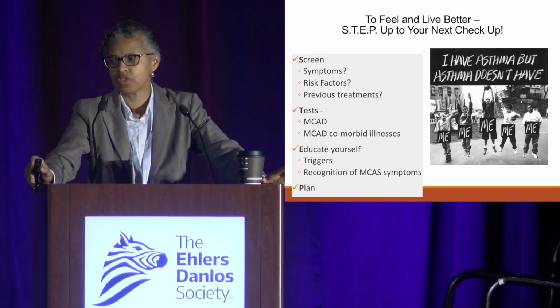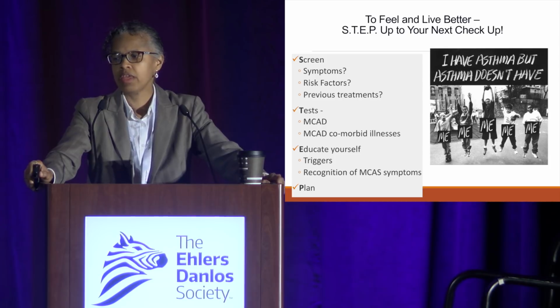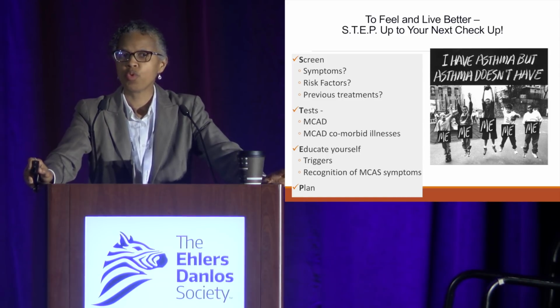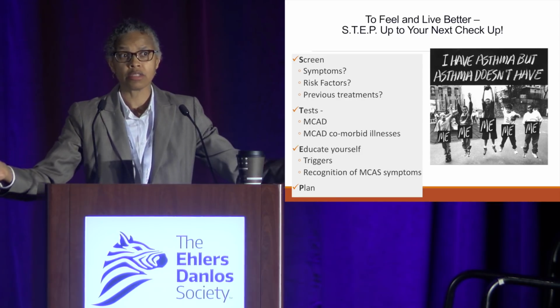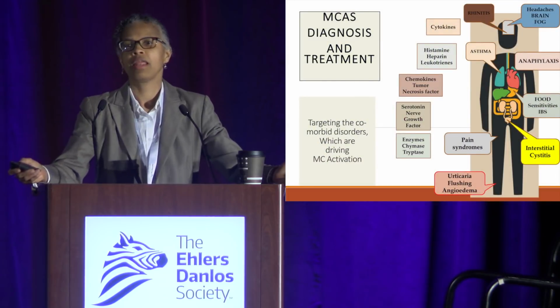So screen yourself. Get the appropriate testing that was listed in this. And then you need to educate yourself about your triggers. You don't have to do this by yourself, but it's really important that you partner up with a healthcare practitioner near you. You're gonna need boots on the ground. So you can see us, but if I'm in New York and you're in Arizona, that ain't gonna work.